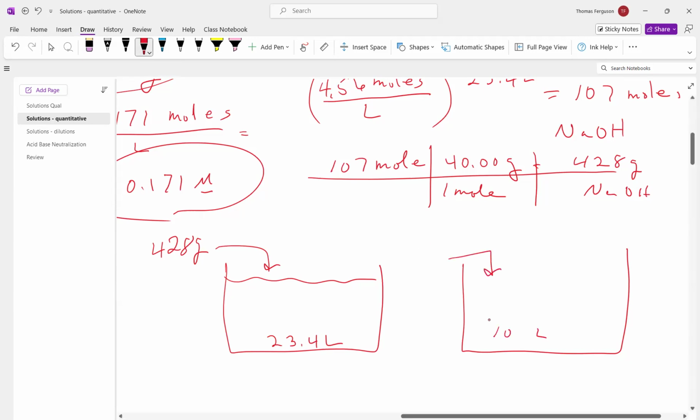Then I'm going to dump in the 428 and mix it up till you cannot see it anymore, till it becomes a homogeneous solution. When it's totally dissolved, then we're going to bring the final volume up to 23.4 liters. Exactly.